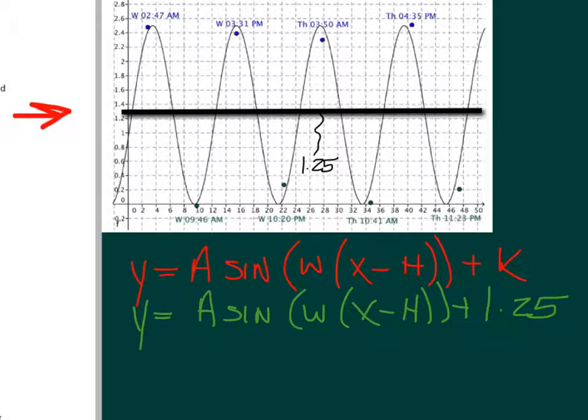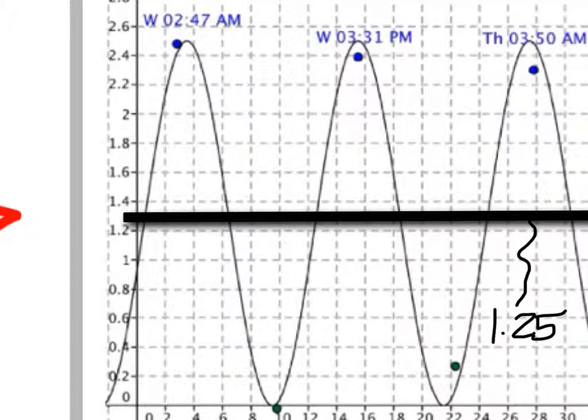Okay, can we get the amplitude out of this? Like from here down to there. What would that distance be? Well, this is 1.25, the midline, and what is this point here? 2.5?